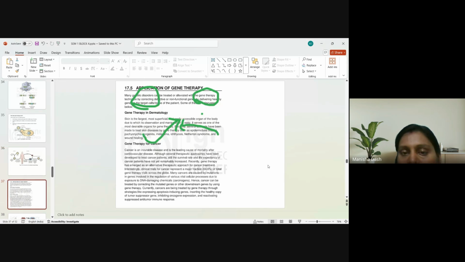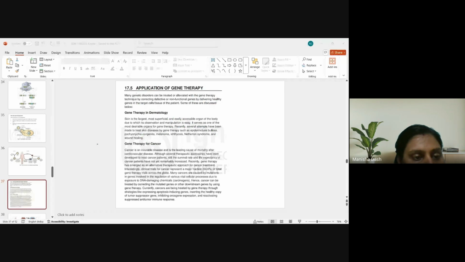So how exactly can gene therapy work? Mostly it can be used for cancer, and also in dermatological cases. The skin is the largest, most superficial and easily accessible organ of the body, due to which its observation and manipulation is easy. It is one of the most desirable organs for gene therapy.